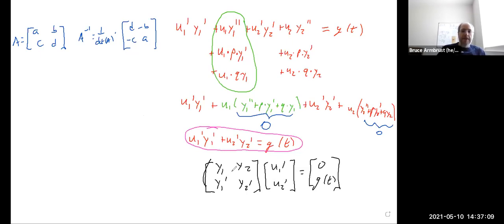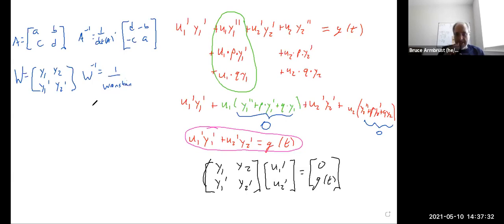Okay, well, remember that this is the Wronskian matrix. So if we go with this guy, capital W being y1, y2, y1 prime, y2 prime, the determinant of this is the Wronskian.